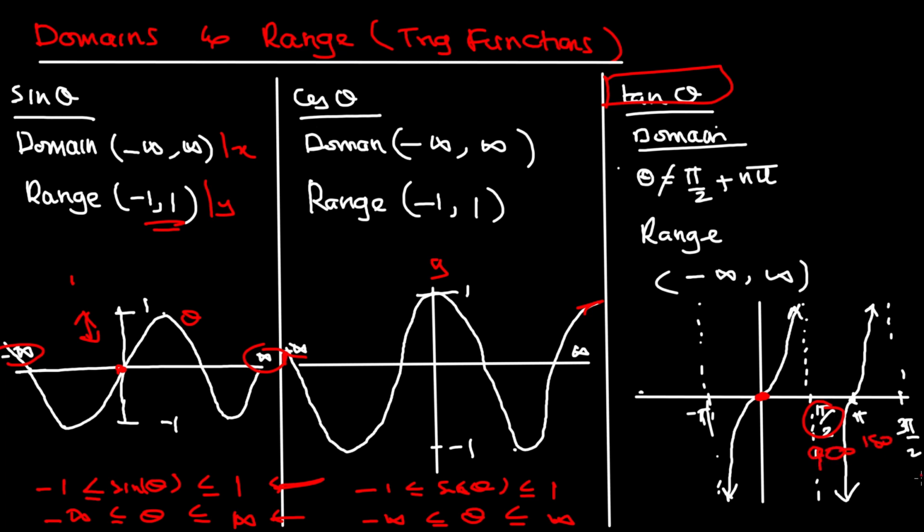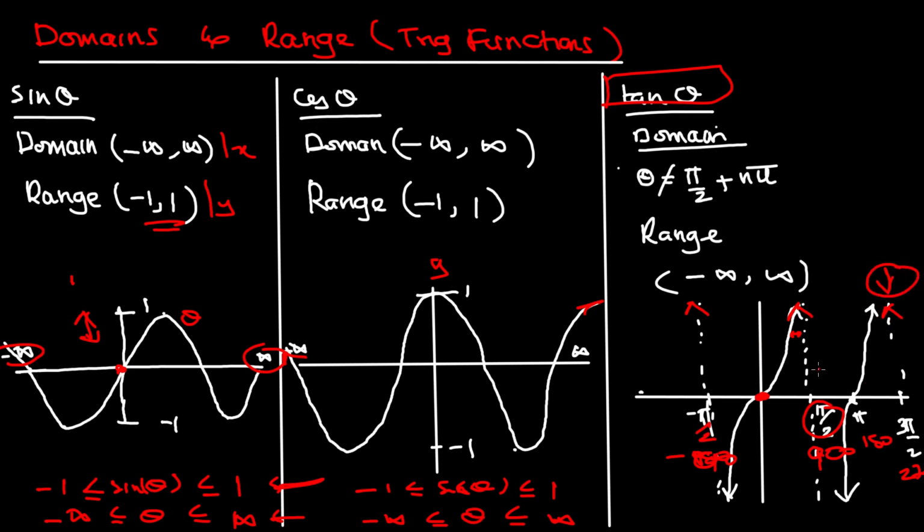That will be 180 degrees, this will be 270, and this is minus 90 degrees. You will see that the graph doesn't cross this one. These are known as asymptotes. We don't cross those, so we don't touch this. In fact, we can say that the function is invalid around these numbers.